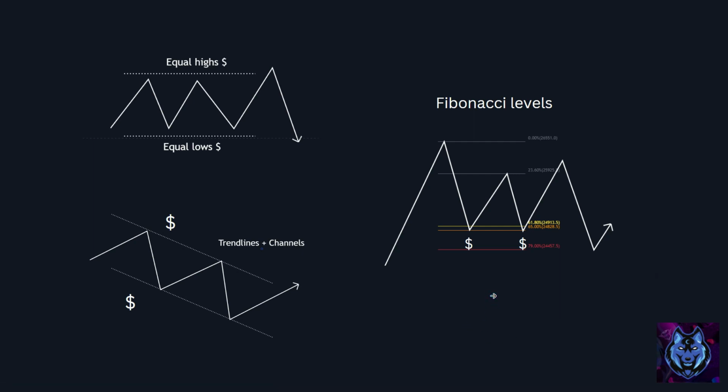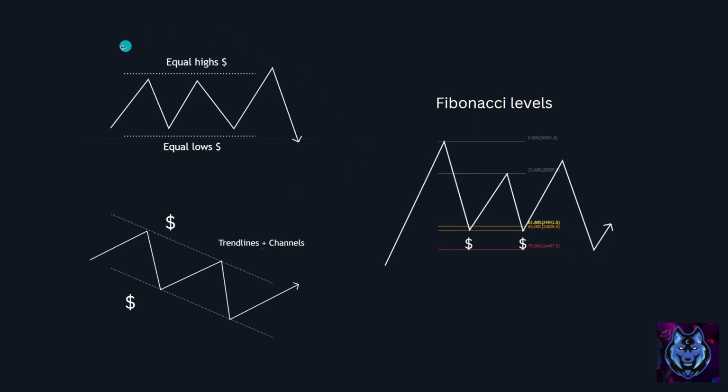Most retailers would enter positions at the golden pocket over here, 61.8 or the 65. And what happens is, as price reaches this place, all the retailers are going to enter here and all their stop losses are typically going to be just below it. So the market maker knows this, comes down, forms another equal high or equal low here, and then inevitably breaks it to grab that liquidity.